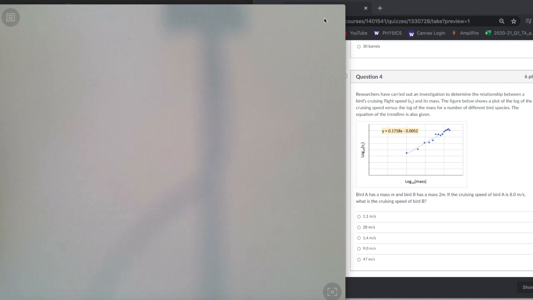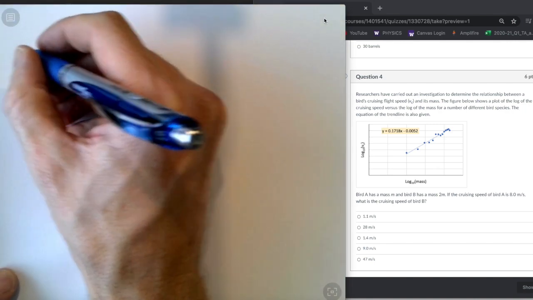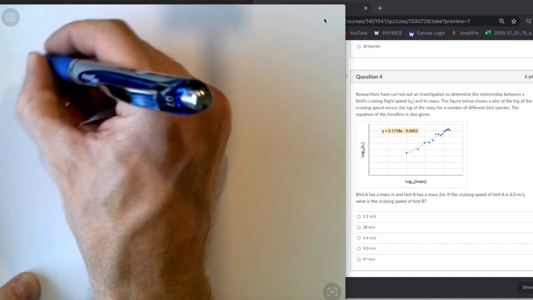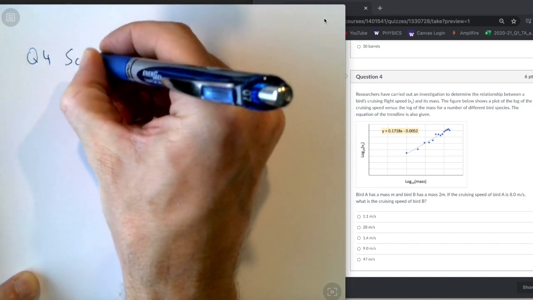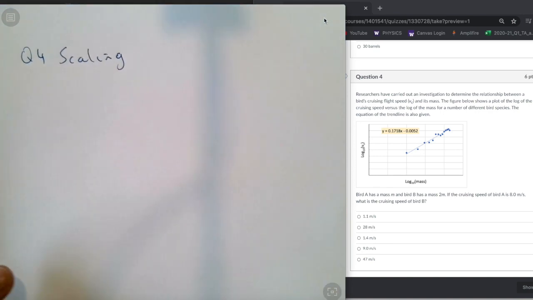Okay, so in question 4, we're looking at another scaling question. This is on the topic of scaling, this time on log plots, so very similar to some of the previous questions in the practice exam. I think the one on leaf mass was pretty similar.